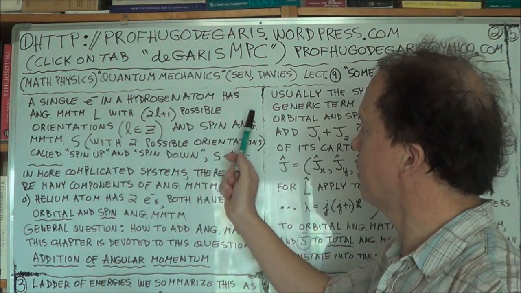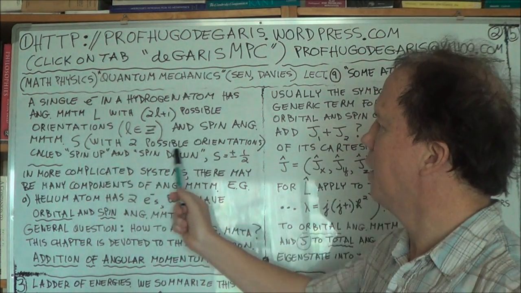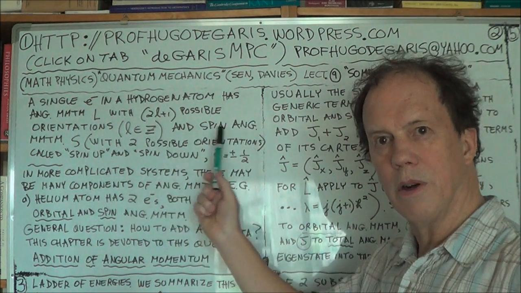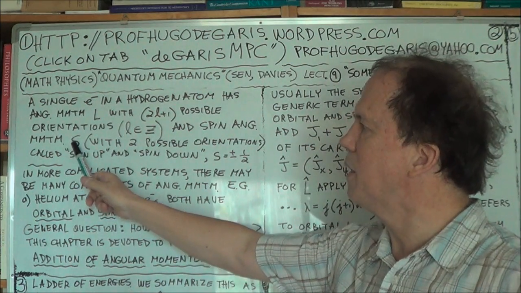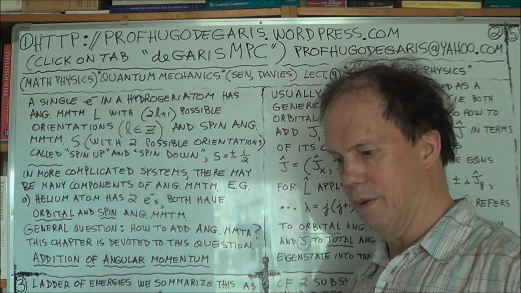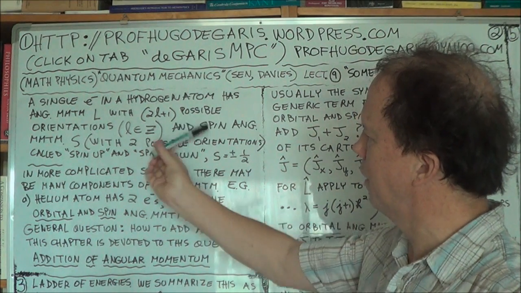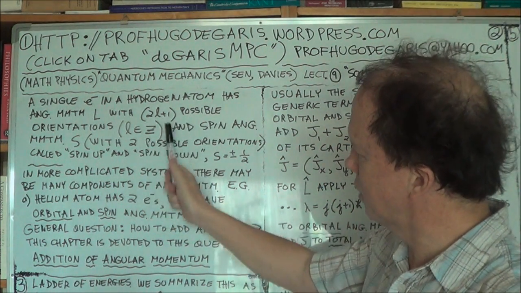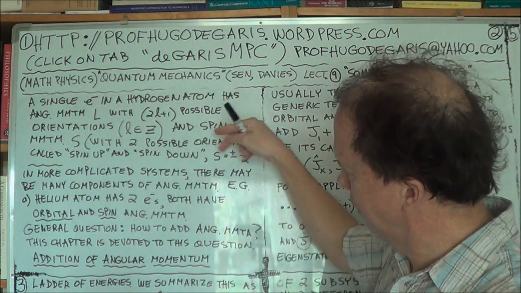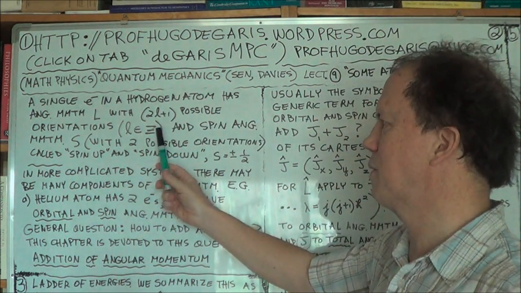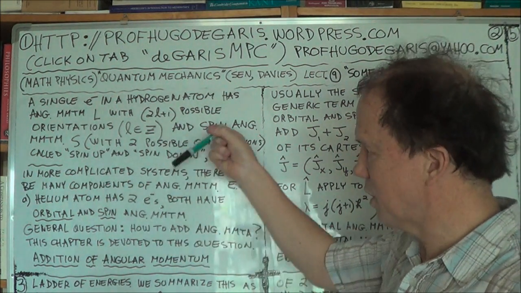The electron also has a spin angular momentum S, and it only has two possible orientations. So S will be that way or that way. When you project it to the z-axis, you get that orientation called spin up.